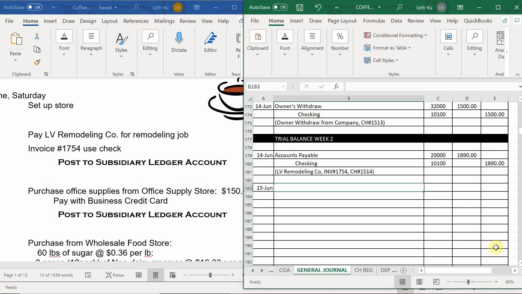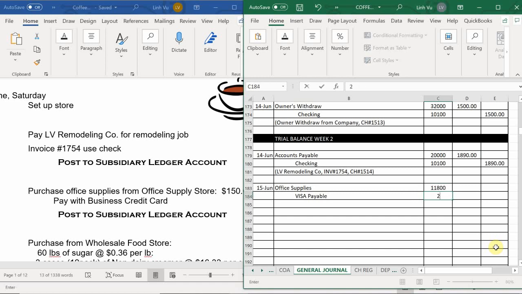So we're going to debit our office supplies and we're going to credit our Visa payable because we're charging the card once again. Okay. What account number is office supplies? 11,800.